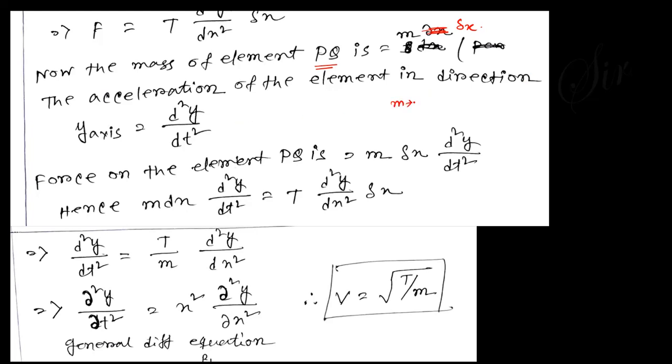If we take force equal to mass into acceleration and compare, we can easily write this equation, where the coefficient is nothing but v square. So the velocity will be root over T by m. I think that is clear. If there is any doubt, you must comment in the comment box.